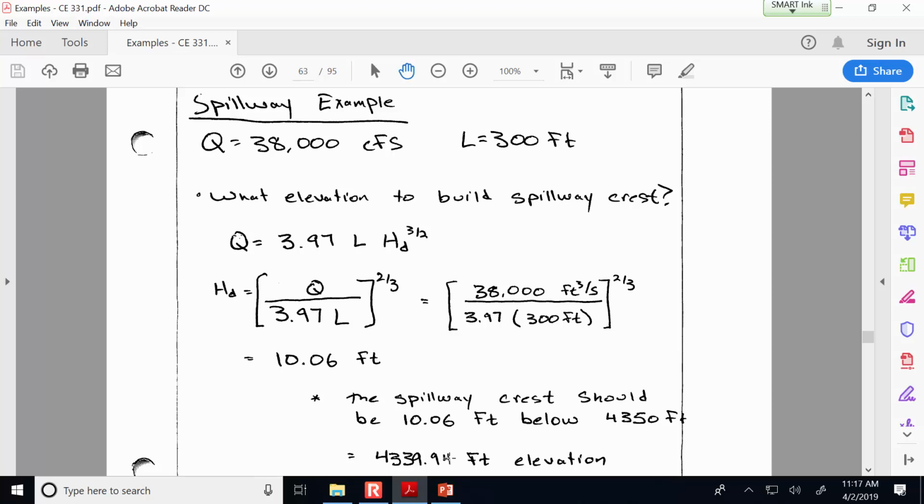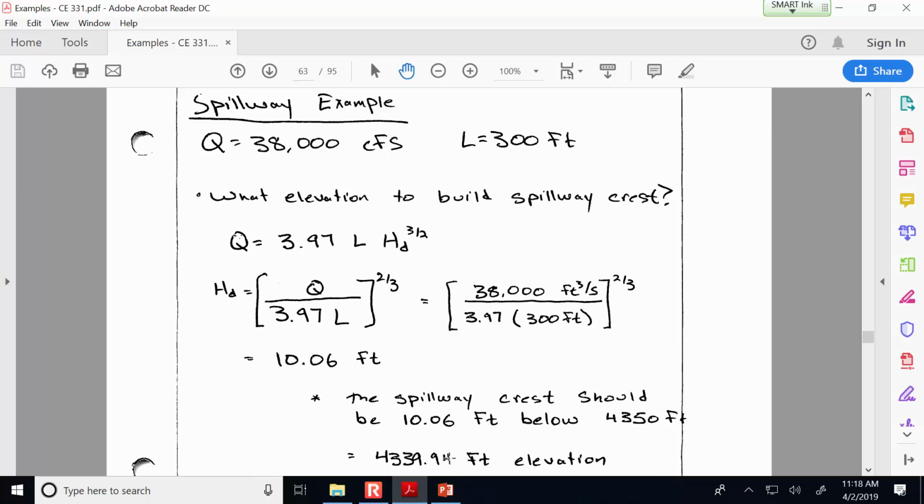Now, you'd like it to be as high as possible, because remember the power equation that we looked at in fluid mechanics last semester. The power equation says that the flow rate times the unit weight of the water times whatever head you have available is going to affect the amount of power that can be generated. And so the higher the elevation difference is between the upper water surface on the reservoir and the lower water surface in the river downstream, the more electricity you can generate.